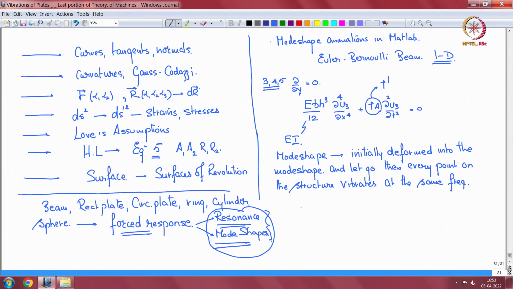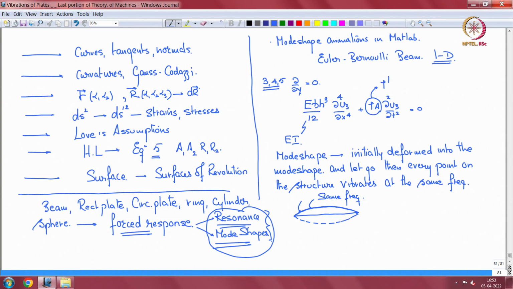Okay, what do I mean? For a simply supported beam, this happens to be one of the mode shapes. So if I manage to pull the beam in this shape in the beginning and I let it go, then it will start vibrating, because it is away from the mean position, and every point vibrates at the same single frequency.